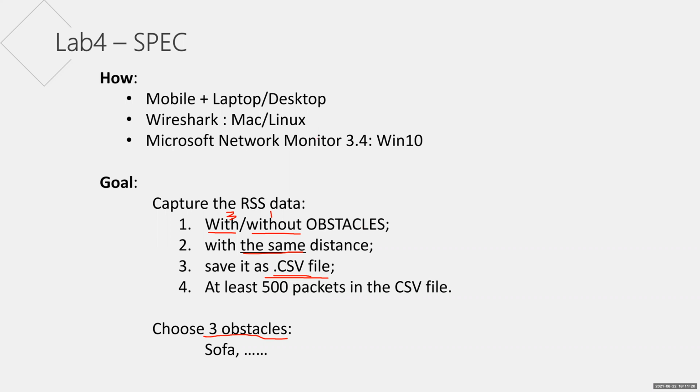Because if you only capture 500 packets, it may only take maybe 1 or 2 seconds, and after the filter you may have only like 10 packets or only 5 packets, which is too few. So we want you to have at least 500 valid packets that we can use to plot the graphs.